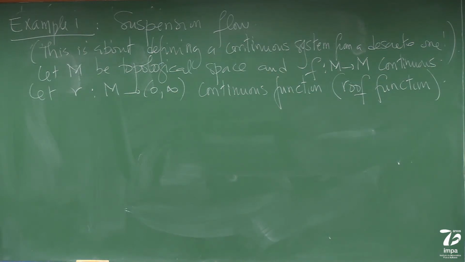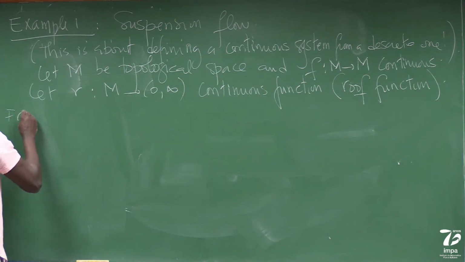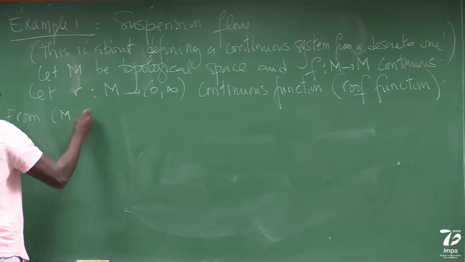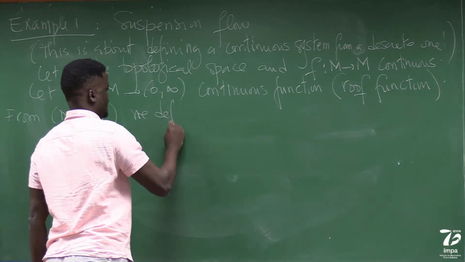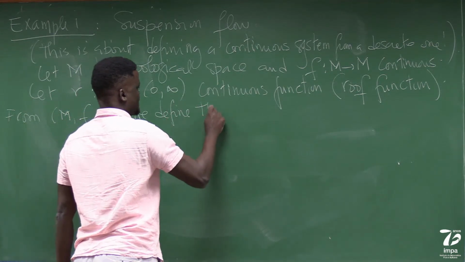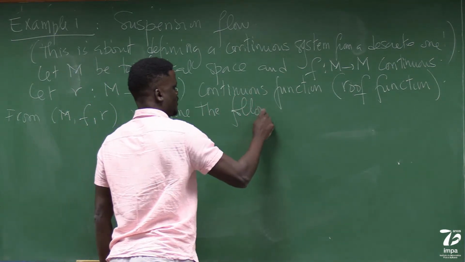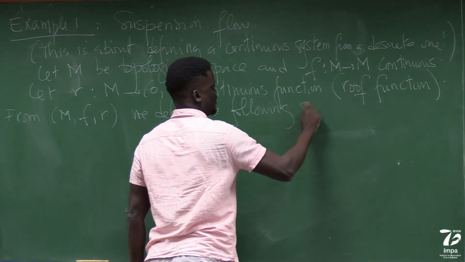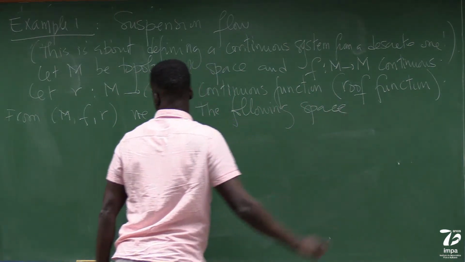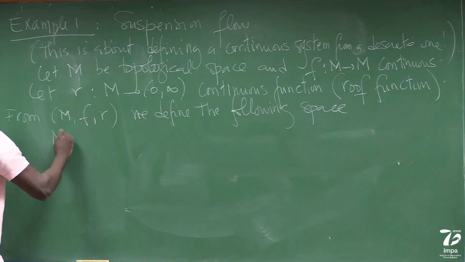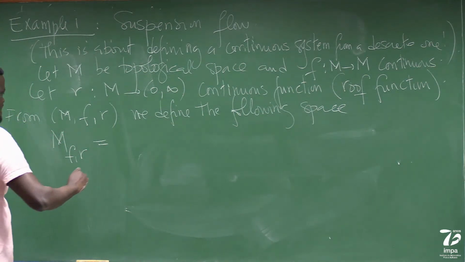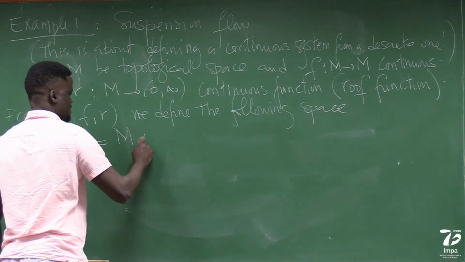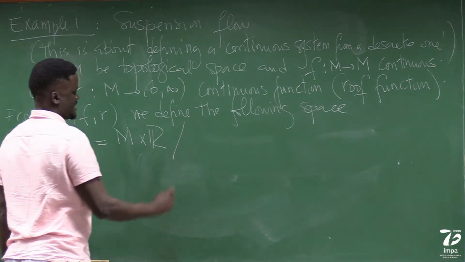So from M, f, r, we define the following space. This is M_{f,r}, which is M times R with an identification.